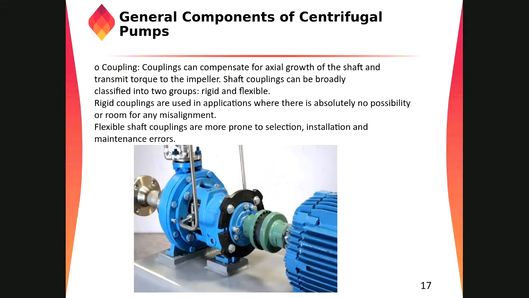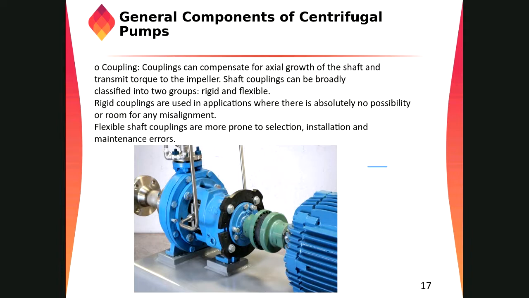Rigid coupling means totally fixed, and there is no room for misalignment. Now, what is misalignment? This is our shaft, and if this is connected, it must be aligned.